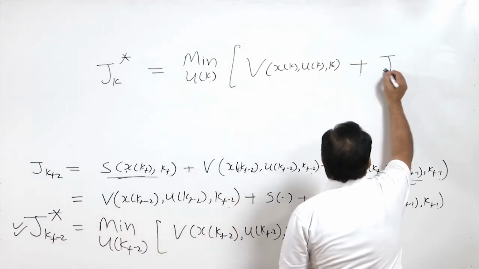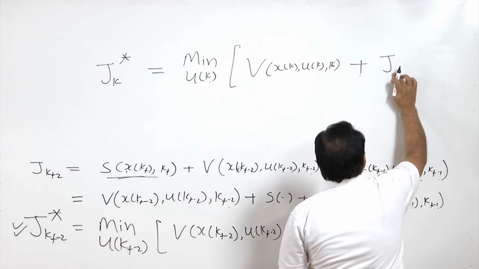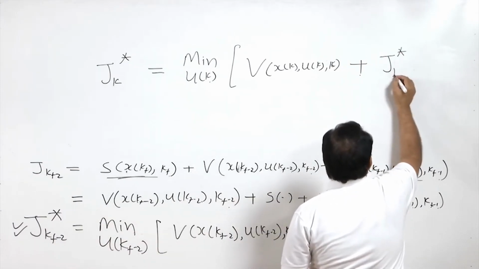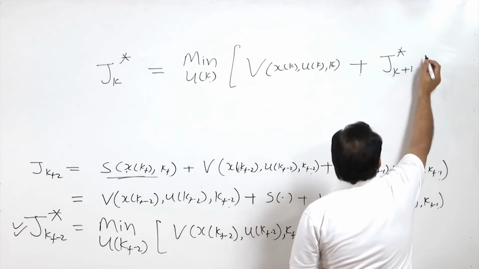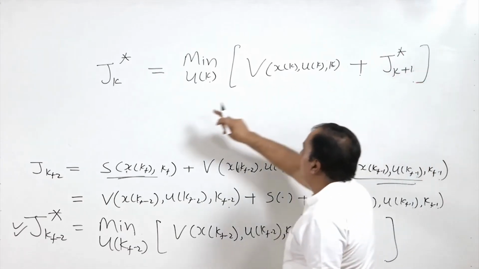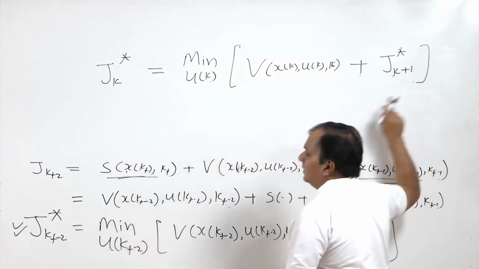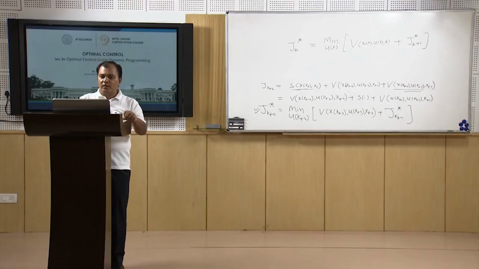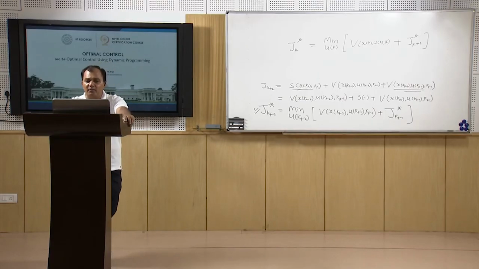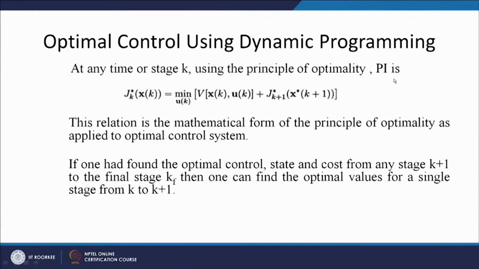So, this I can write simply as the optimal value at the point J K plus 1. So, general relation I can write in this form. This means at any time K, using the principle of optimality, my performance index will be JK star xK, minimum with respect to UK, as V of K UK plus JK plus 1 star x star of K plus 1.